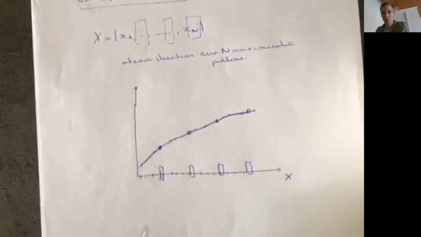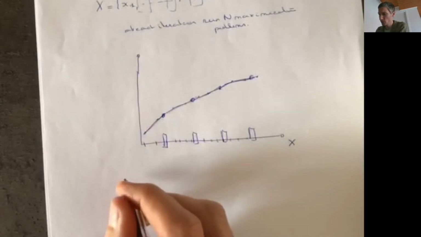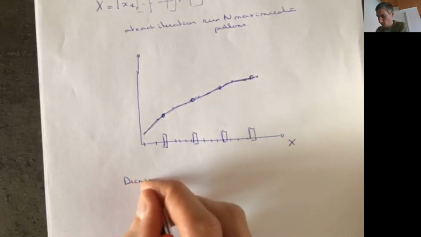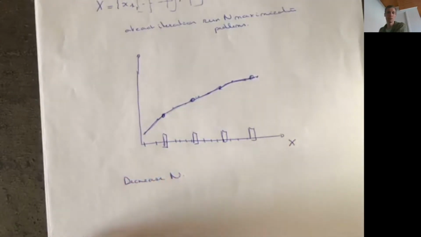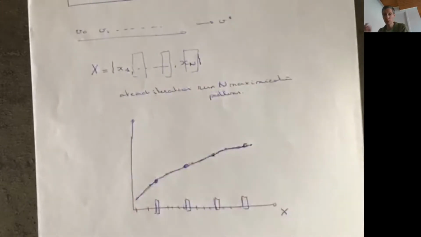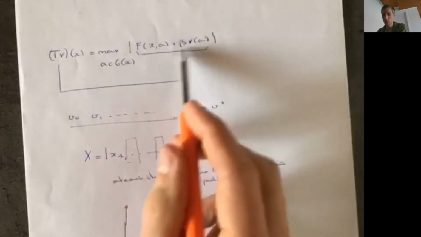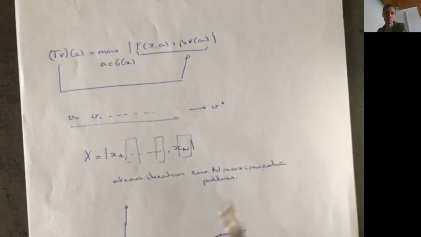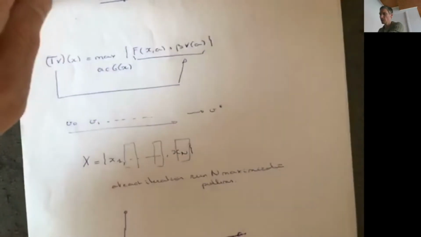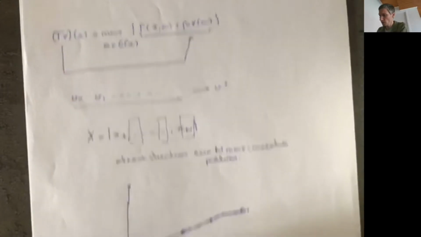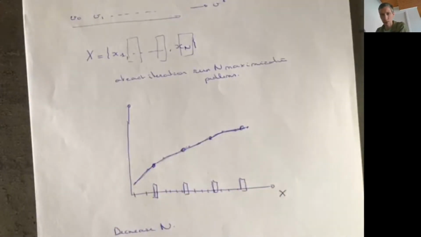So in other words, a good idea could be to decrease n. If we decrease the grid, then we only have to maximize this function a fewer number of times. So this is a sensible thing to do. However, there are two things that you have to take into account.